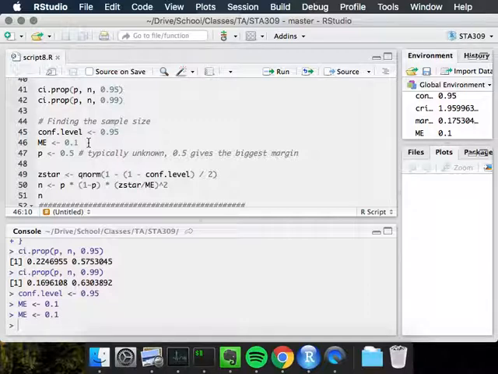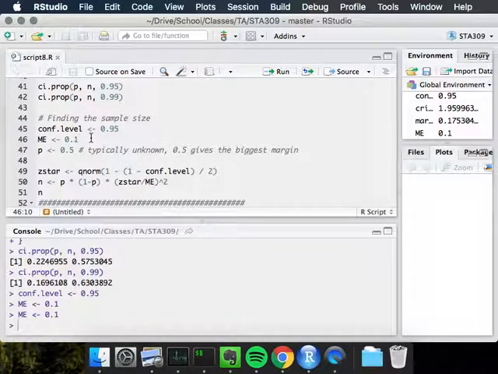Before, we had n as a fixed number of observations and a confidence level, and we found the margin. But here we can go the other way. I want the margin to be plus or minus 0.1, and I want to be 95% sure. But that means I'll maybe have to poll more people, or have a larger sample of people picked from the population.